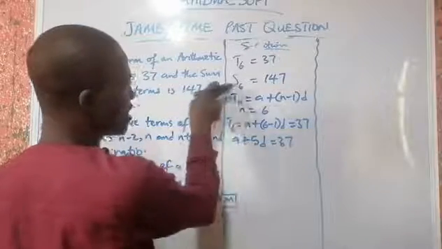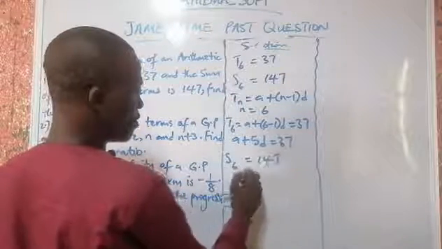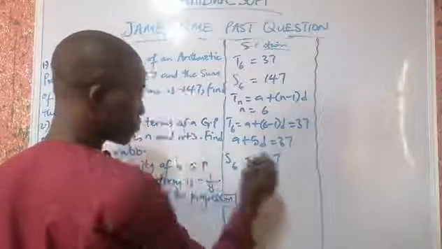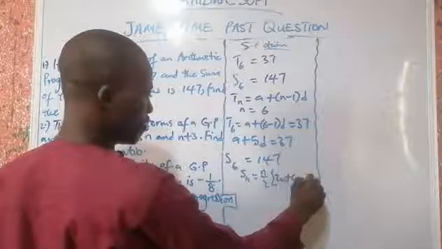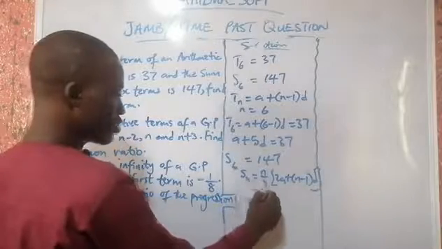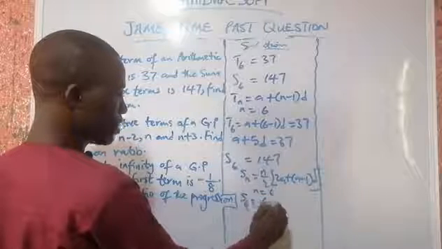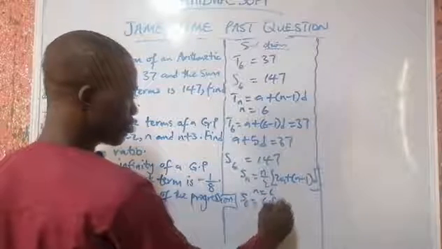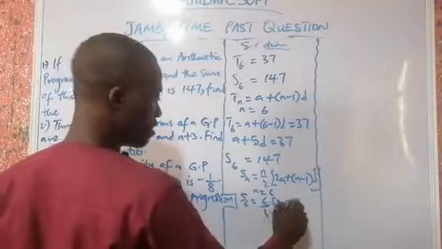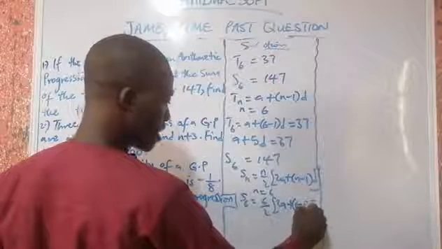Then let's go to the next clue. The sum of the first 6 terms equals 147. We know that Sn equals n over 2 bracket 2a plus n minus 1 bracket d. Now n equals 6, so S6 equals 6 over 2 bracket 2a plus 6 minus 1 bracket d.